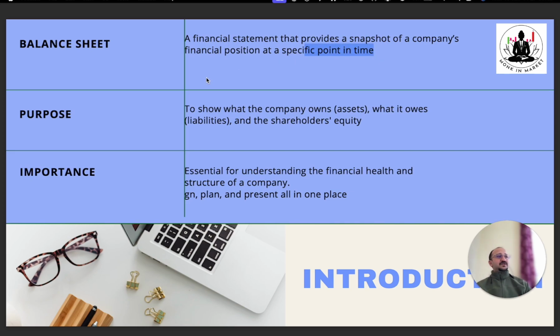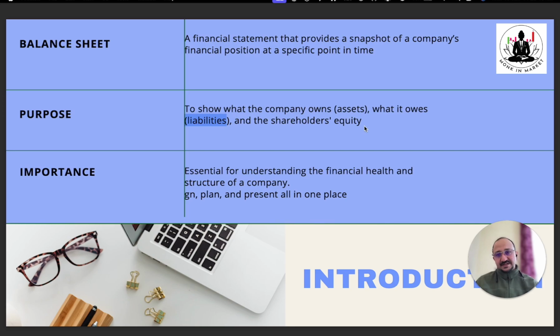So what is the purpose? So purpose is definitely to get to know what are the assets and the liabilities. So these are the two very important headers that we will be studying. What are the assets companies are owning and what are the liabilities companies are having? And within the liabilities, there is shareholders equity as well. Means we use liability to buy assets, and the liabilities could be debt as well as the equity.